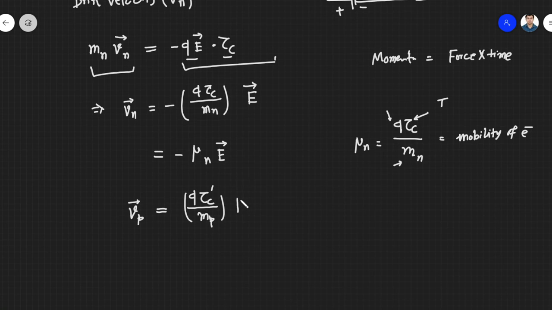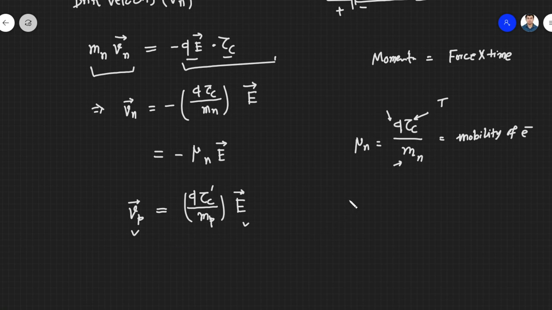Here you notice that I didn't put the negative sign, because the drift velocity of hole will be in the same direction as the electric field, right? So this is for the holes.